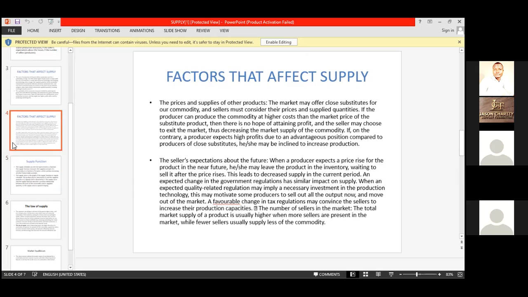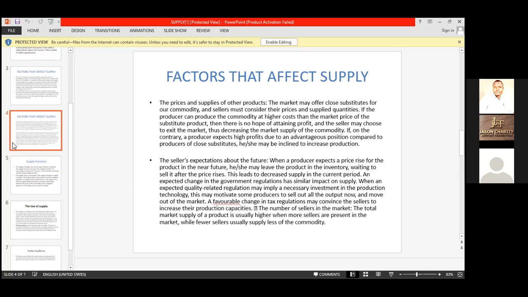The second one is the availability of the productive resources needed for producing the goods. Even with efficient technology, the production of a given commodity may require scarce inputs.